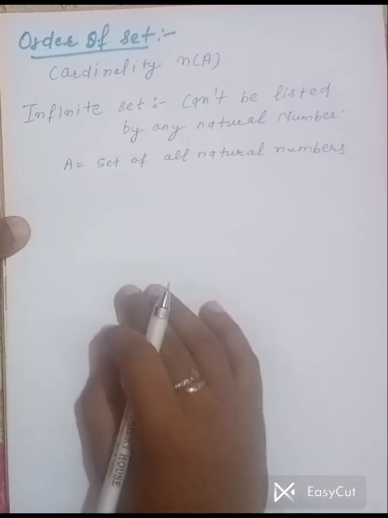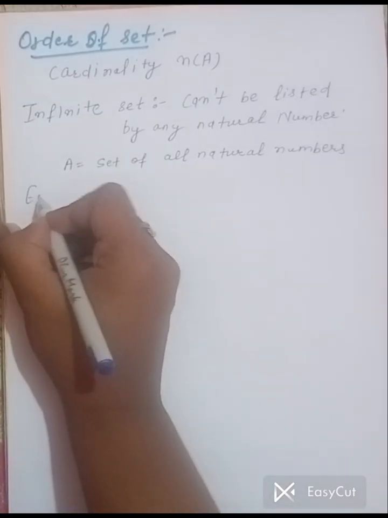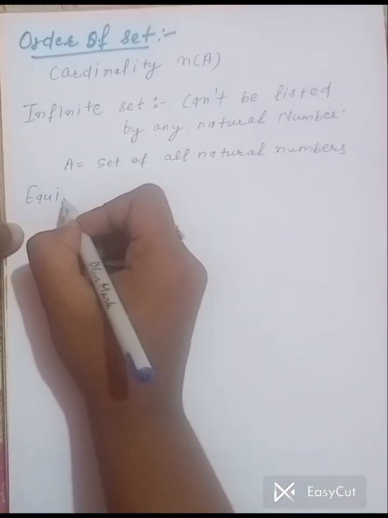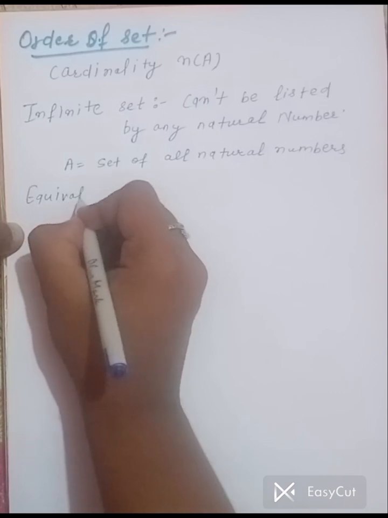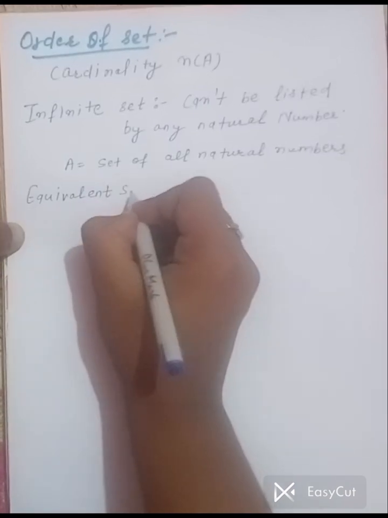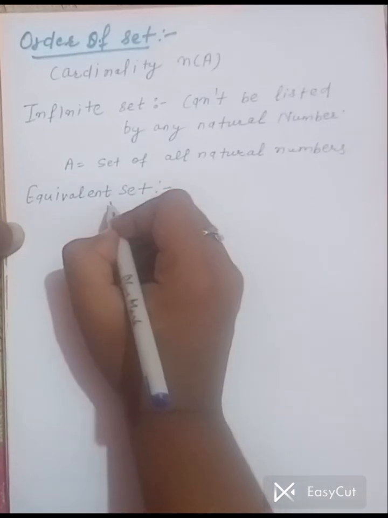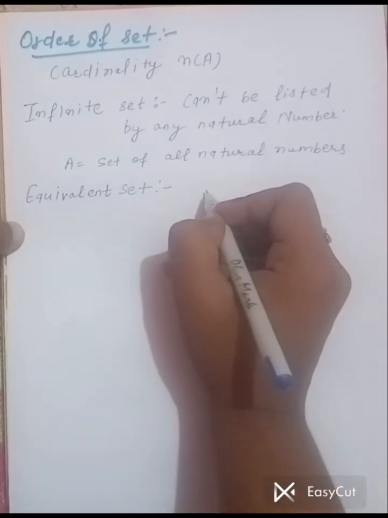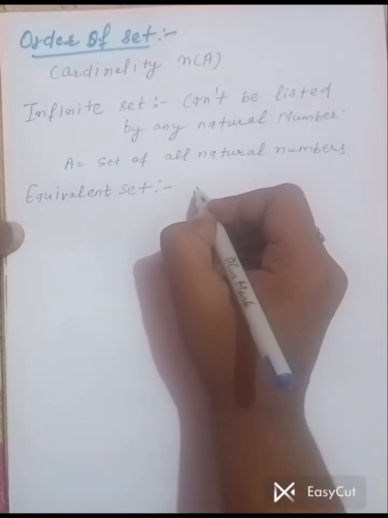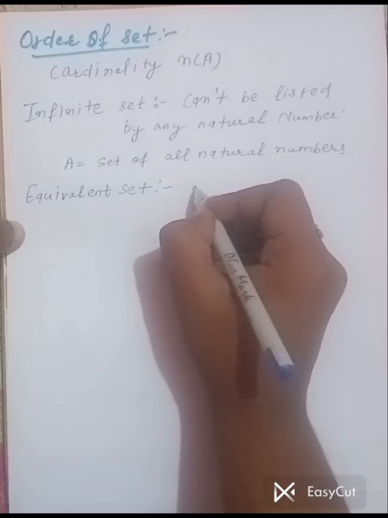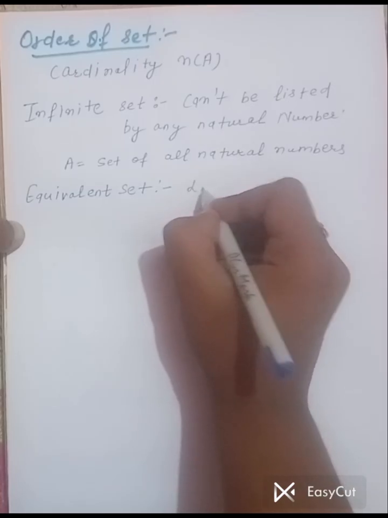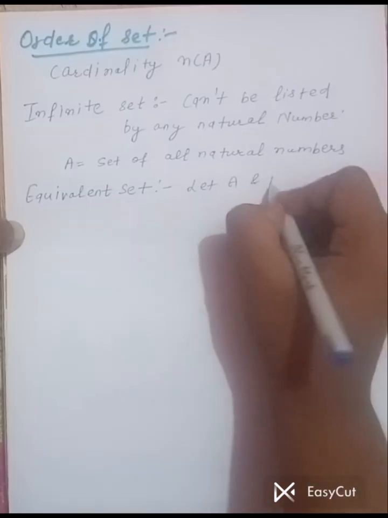Okay. Now there is another type of set, that is equivalent set. So what are these? Equivalent sets are two sets whose cardinality is the same. Let A and B be two sets.